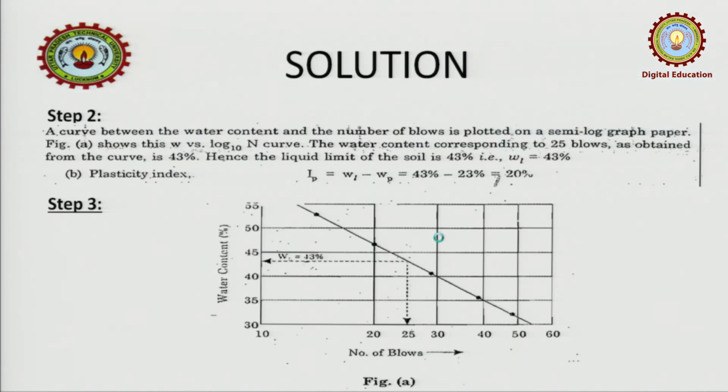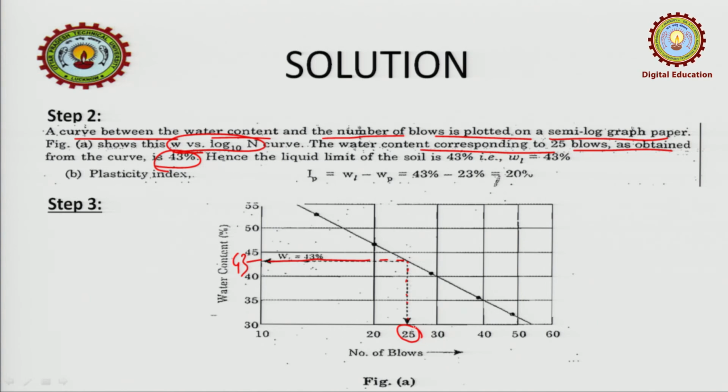So, let us first plot the graph. Here you are given the graph. A curve between the water content and the number of blows is plotted on semi-log graph paper, W and log 10 N. The water content corresponding to 25 blows was obtained to be 43. You can see here, it comes out to be 43 and this is your 25.